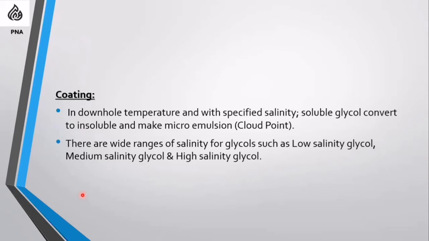Glycol needs two things: it needs downhole temperature and a specified salinity. Every glycol has a specified salinity, with temperature, to convert from soluble glycol to insoluble, and this makes a microemulsion or cloud point.